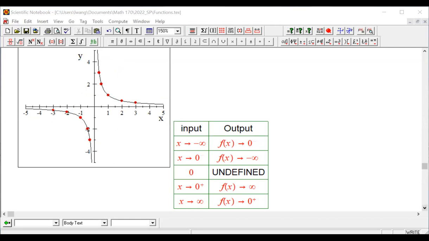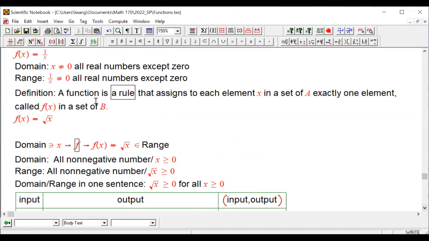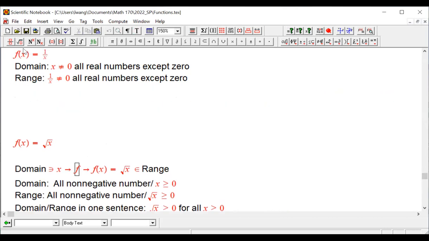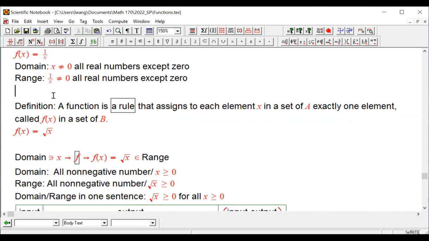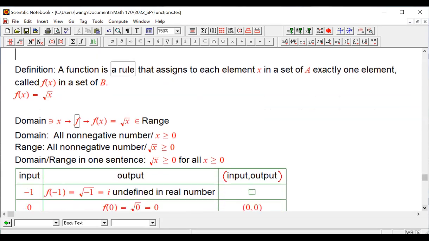Without further ado, we have covered the function 1 over x and summarized its domain and range. And one more function, maybe two more, sorry.